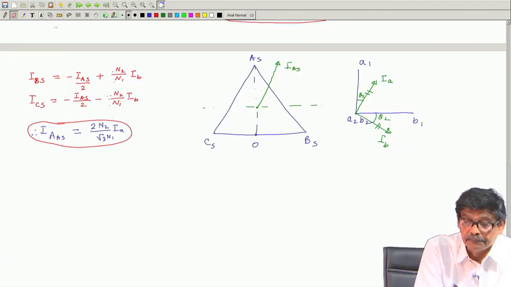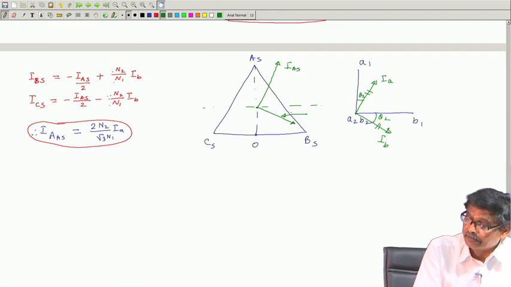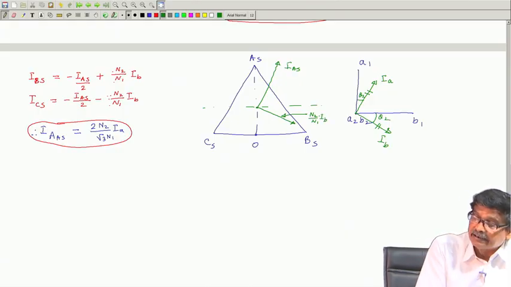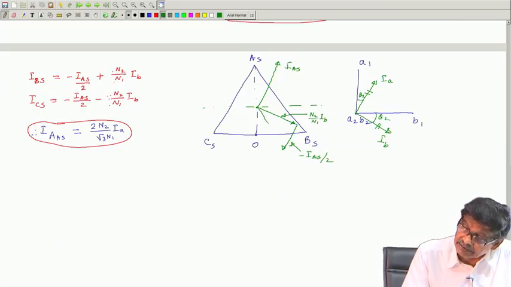So, it will be here, this is equal to this part N 2 by N 1 into IB. To this I have to add minus IAS by 2, this is IAS. So, to this you add minus IAS by 2, and then you will get IBS.